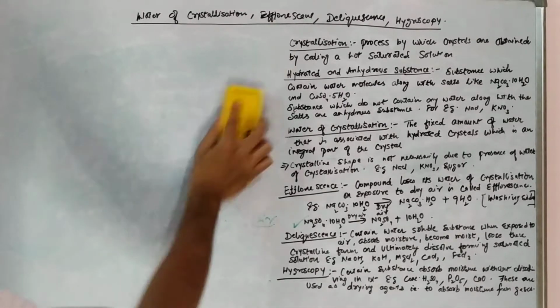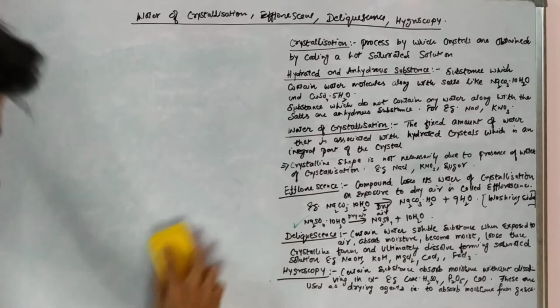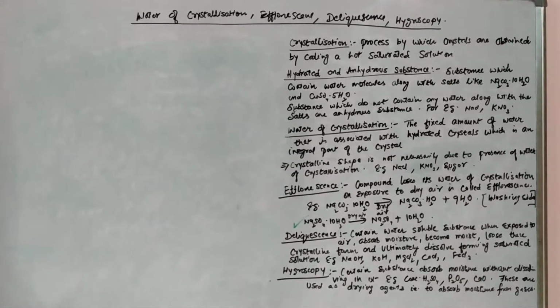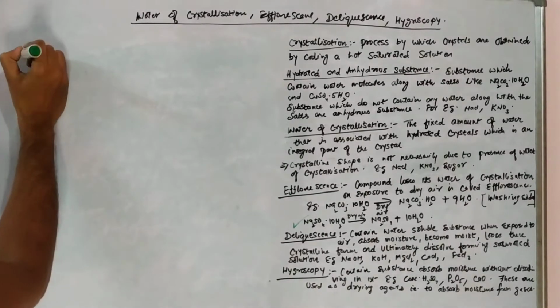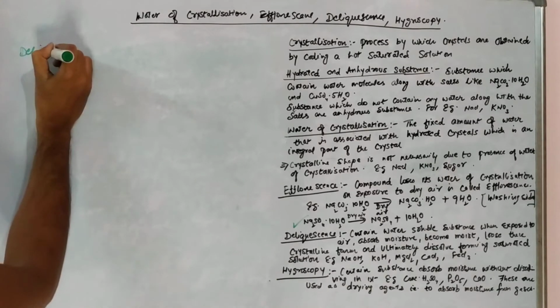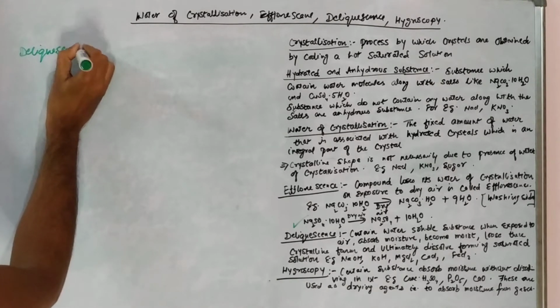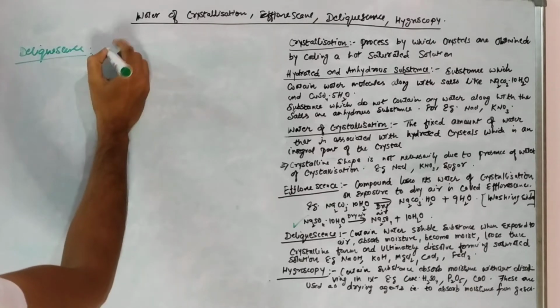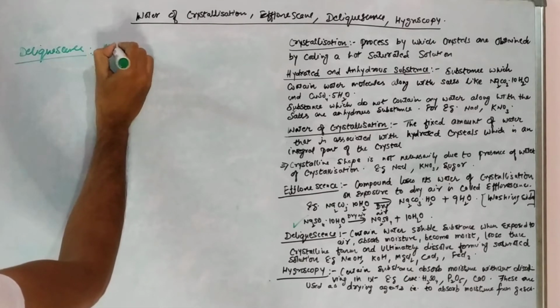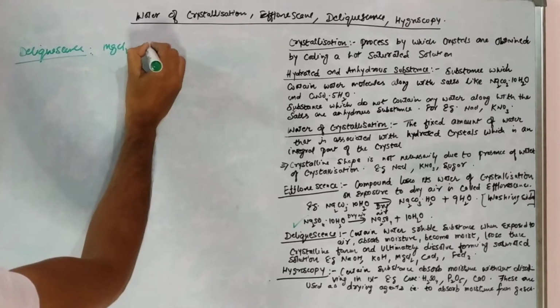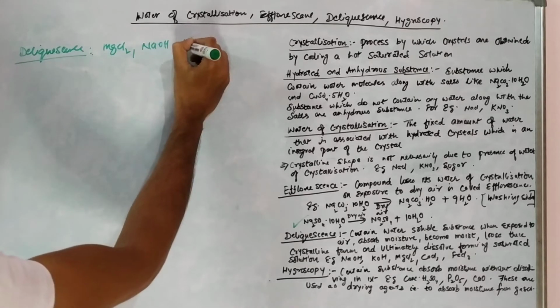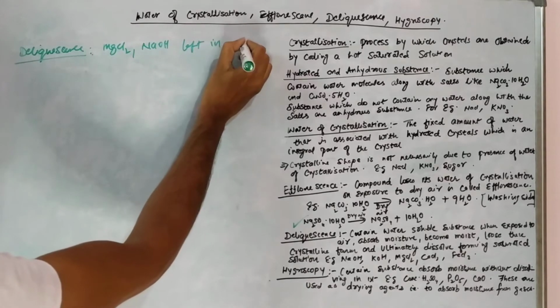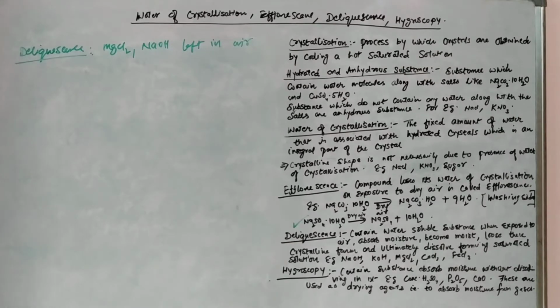So deliquescence is a little opposite of efflorescence. If you know one, you can easily remember the other. Deliquescence is when these salts, like magnesium chloride or sodium hydroxide, are left in air.